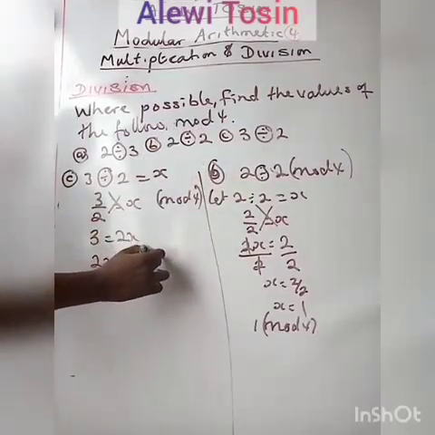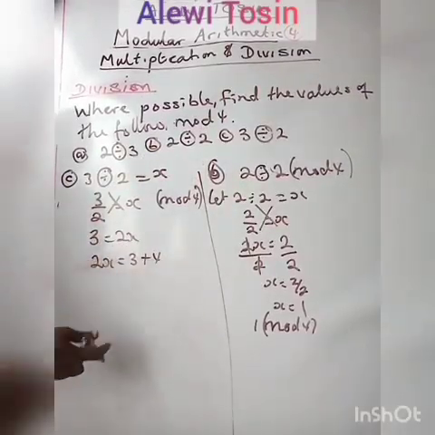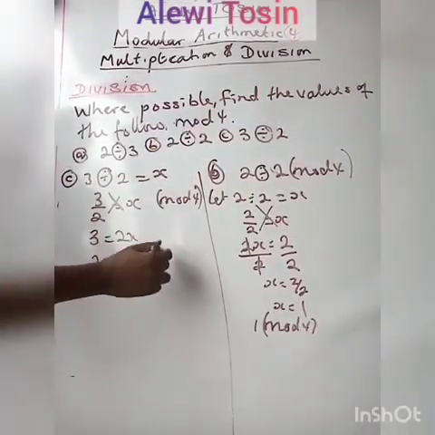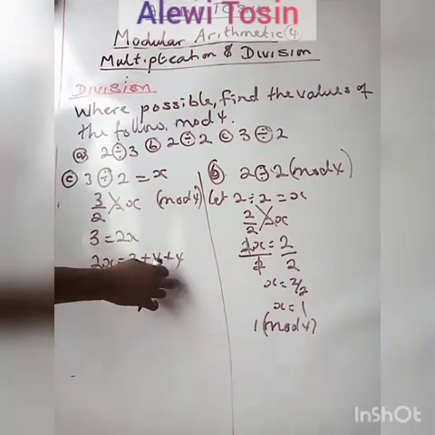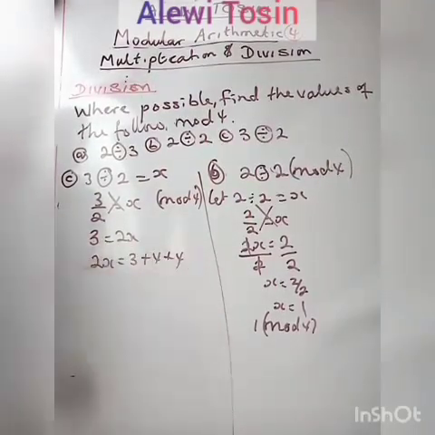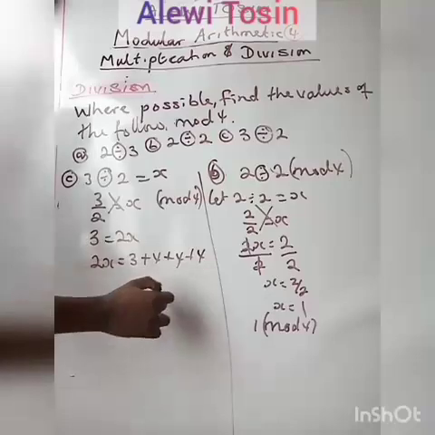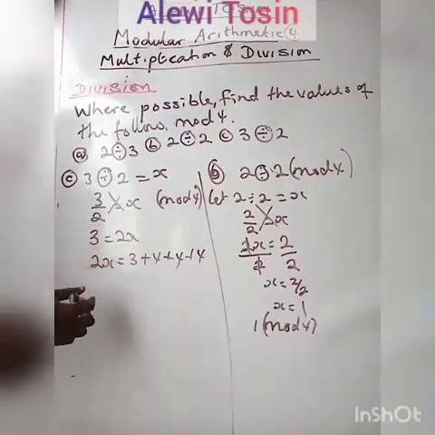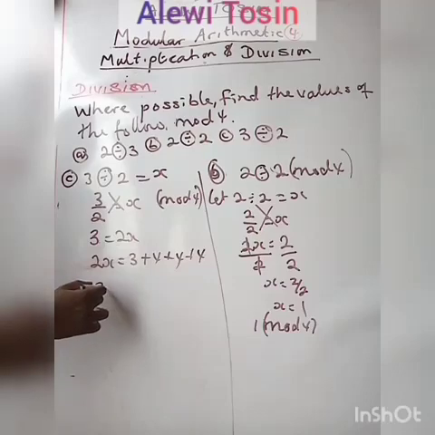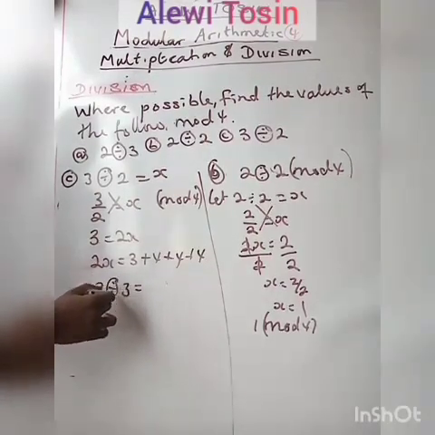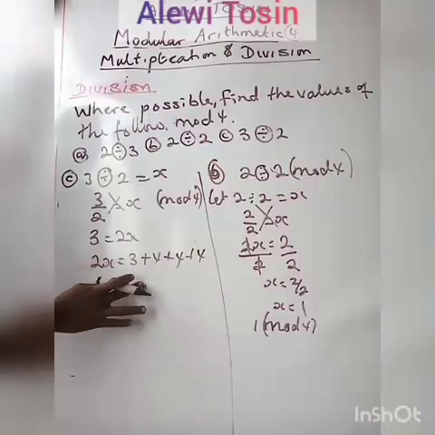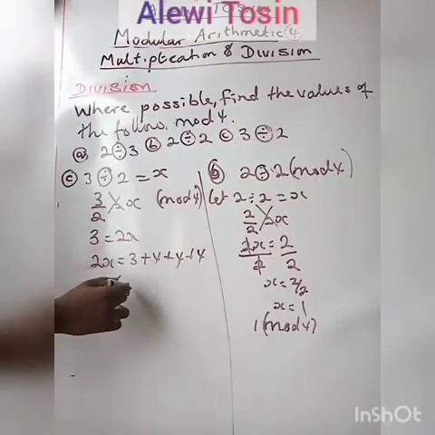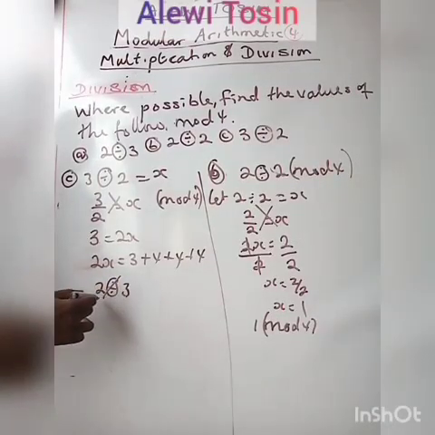If you add 4, it will be 7. 2 cannot go into 7. Add another 4, that's 11. 2 cannot go into 11. If you add another 4, that's 15. 2 still cannot go into 15. In other words, 3 cannot be divided by 2.